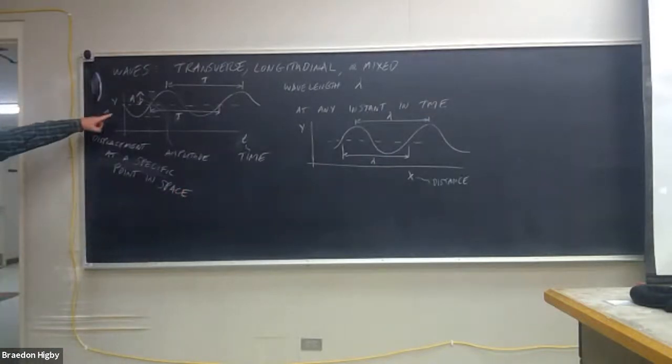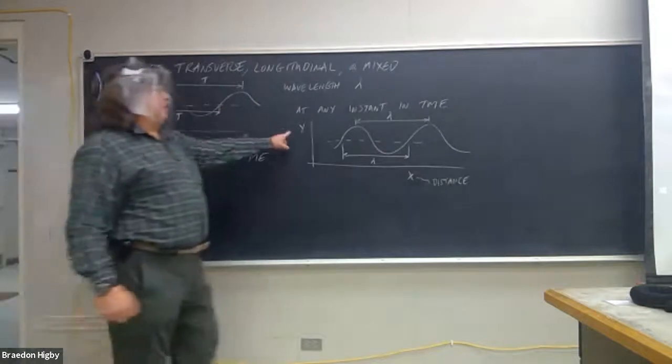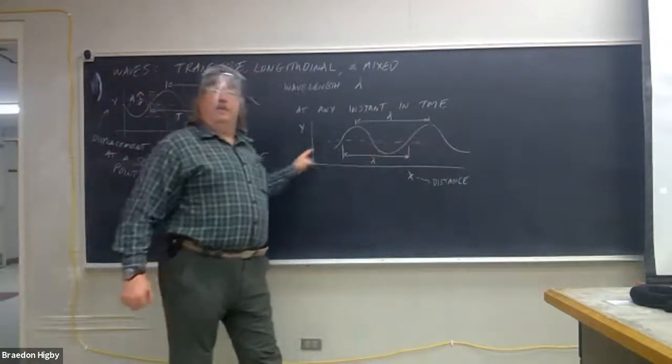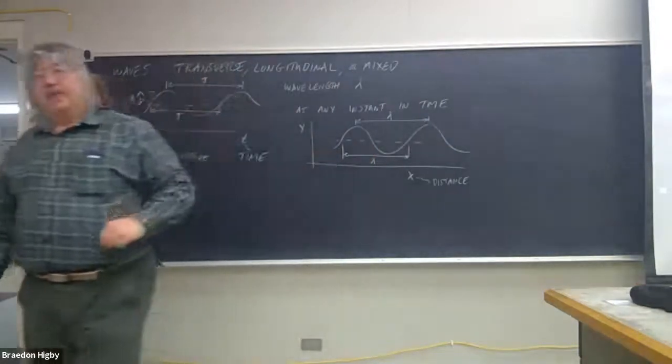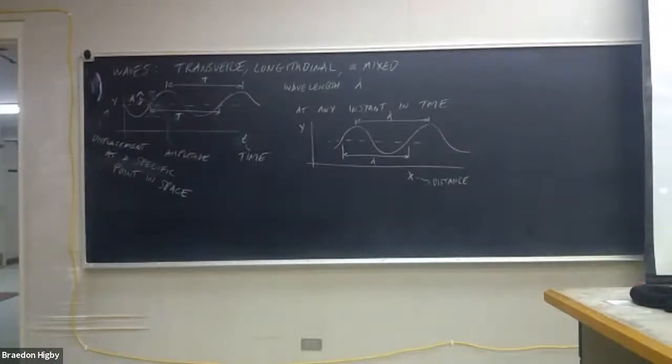So this is basically displacement at a specific point in space. Well, this is displacement along the wave. So in the case of when we're up here with Colton, I'm calling x the distance along the table surface. And the y is the displacement either side to side or the displacement of any coil back and forth.